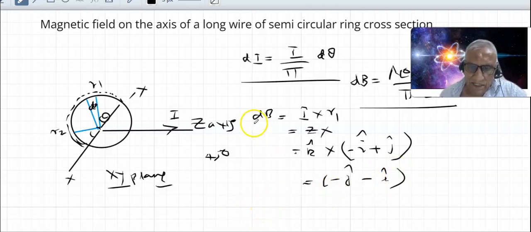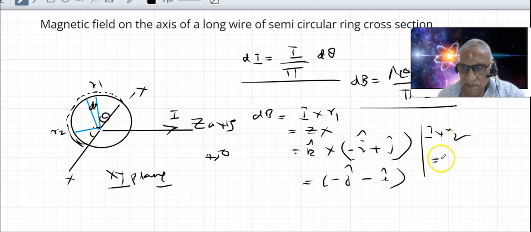Then we take K cross R2, that is another strip on the other side of the y-axis, which is i plus j.